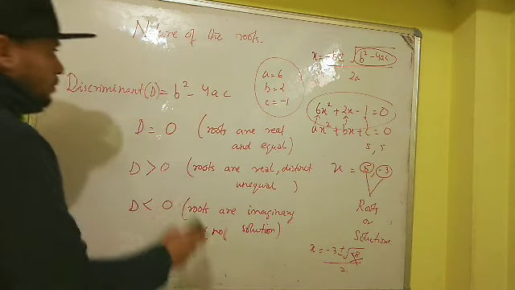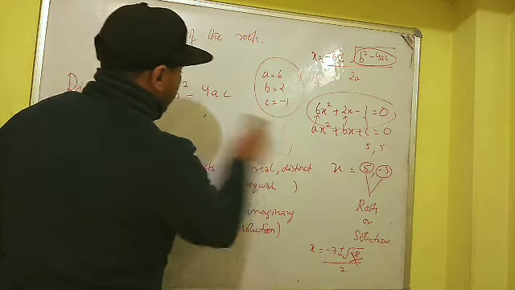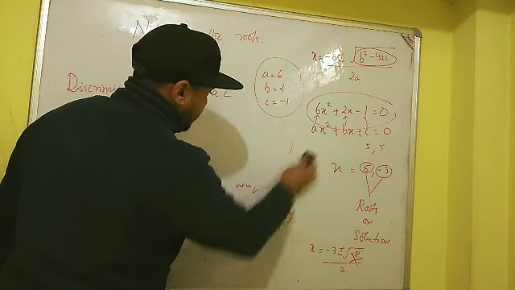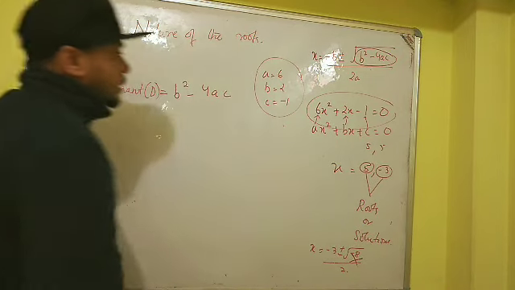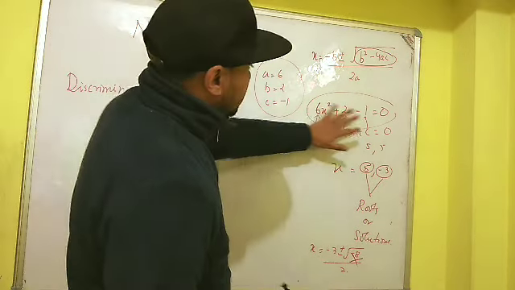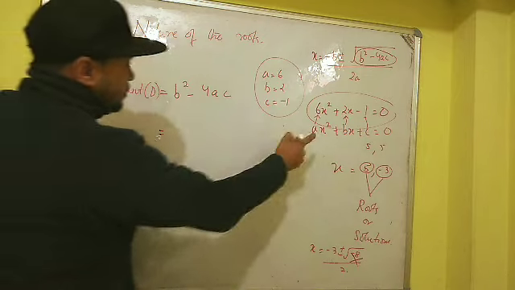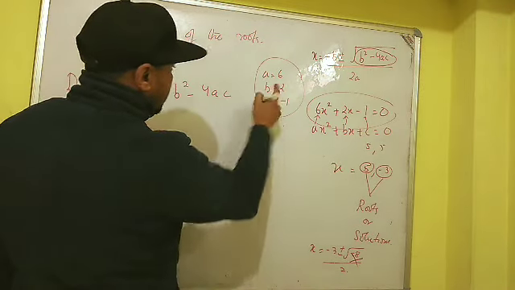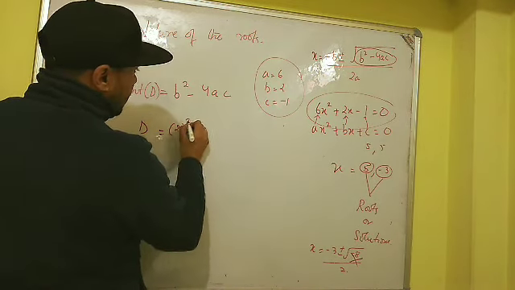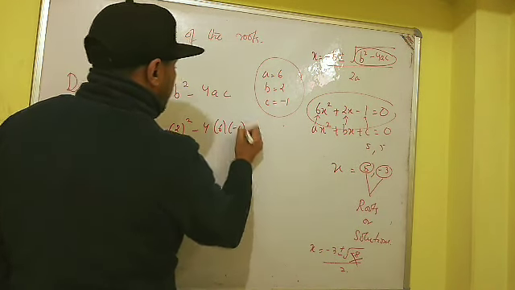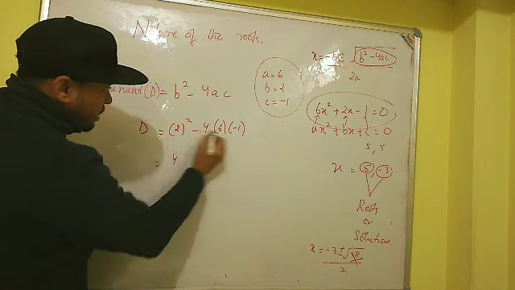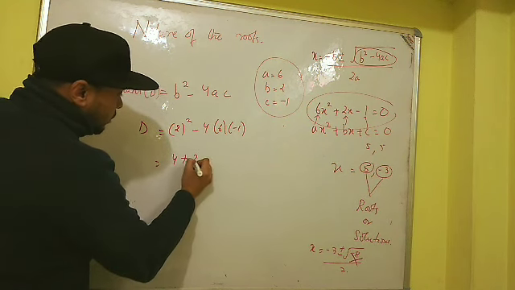Okay, now how do we solve it? How do we find the nature of the roots? Please note it down. What is the value of b here? b is 2. So this is 2 squared minus 4, a is 6, and c is minus 1. So this is 4, minus into minus is plus, so 24.